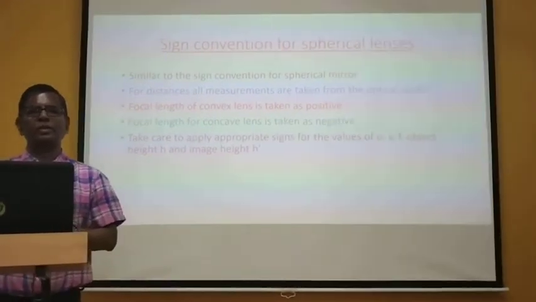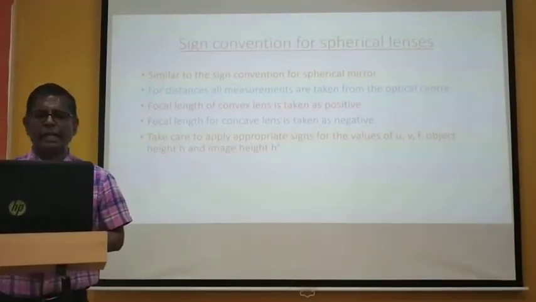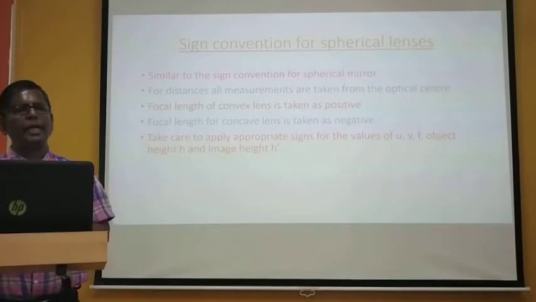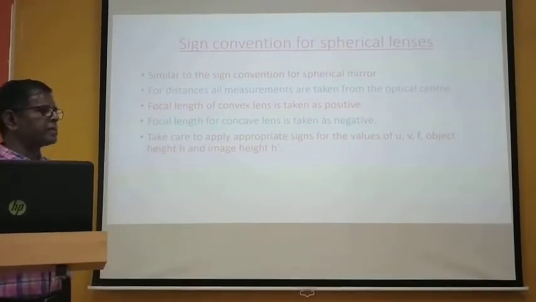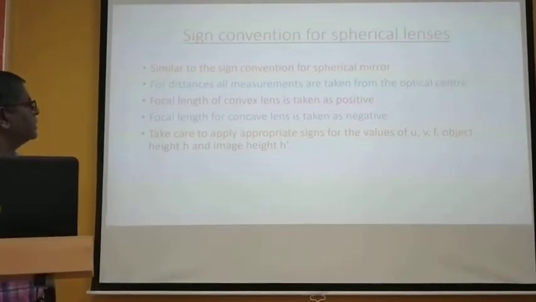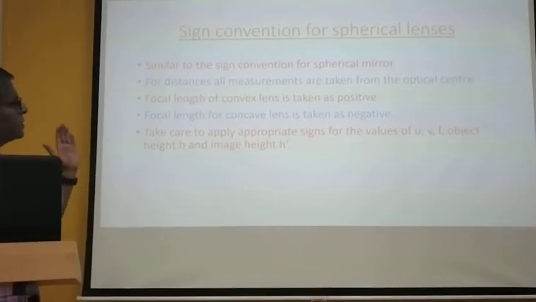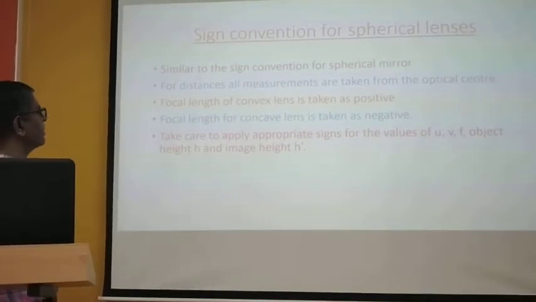Now to make you familiar with the sign convention, because as I told you, you have to use the proper sign for the object distance and the focal length. The sign convention is same as for the mirror.